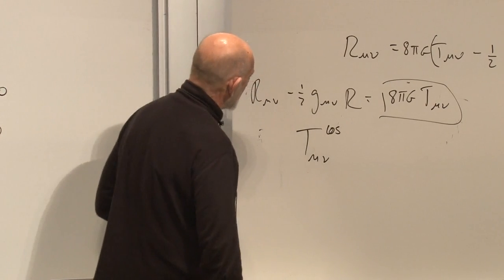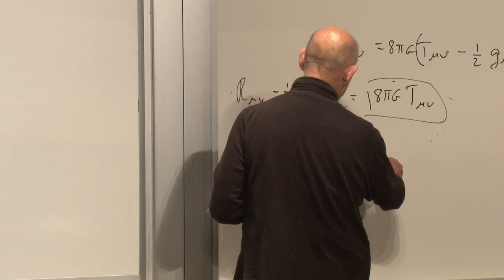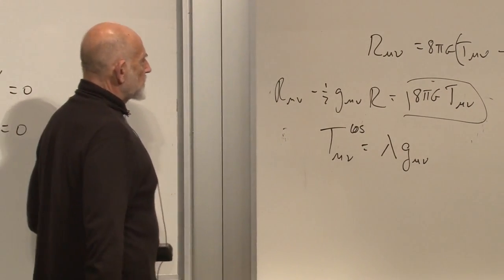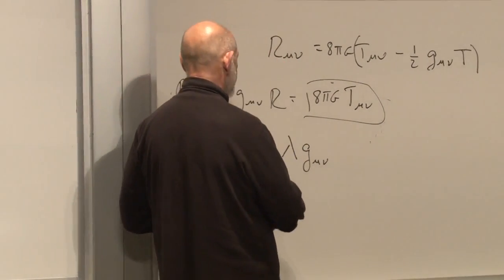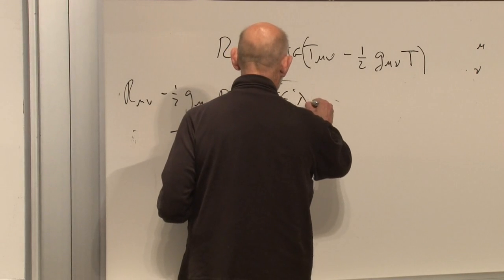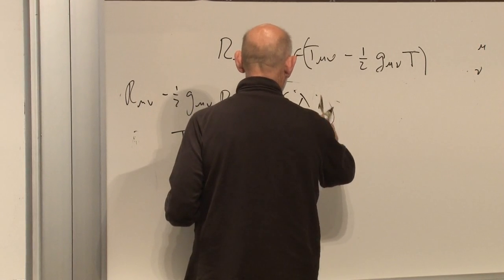So the cosmological constant would be some lambda times g mu nu. Then, if there was a cosmological constant, you might write 8 pi G times lambda times g mu nu.